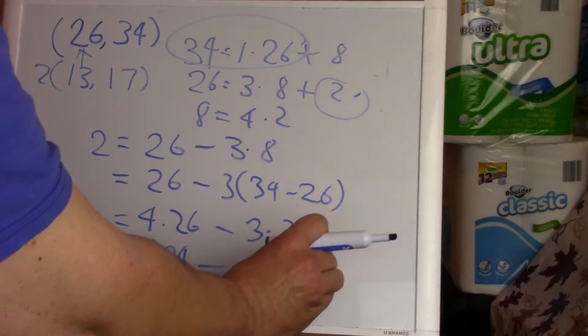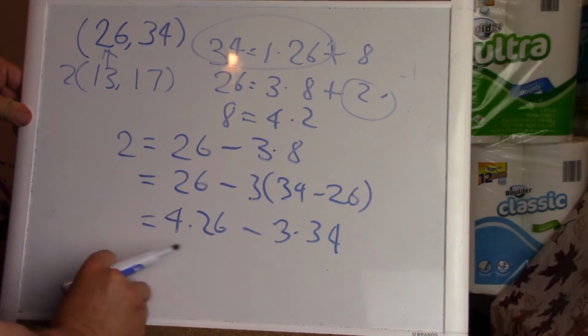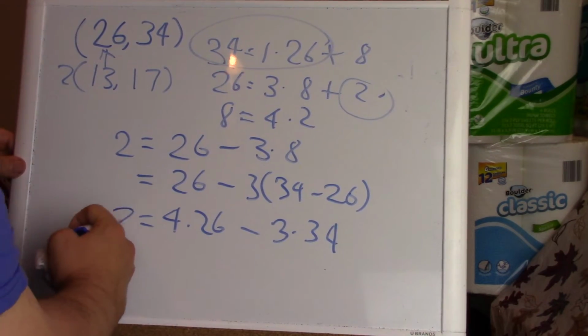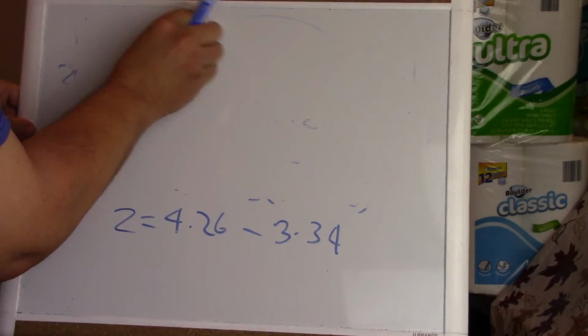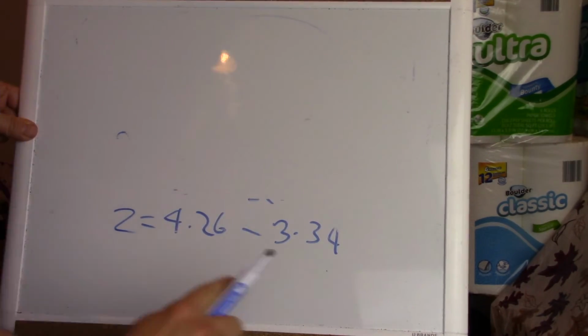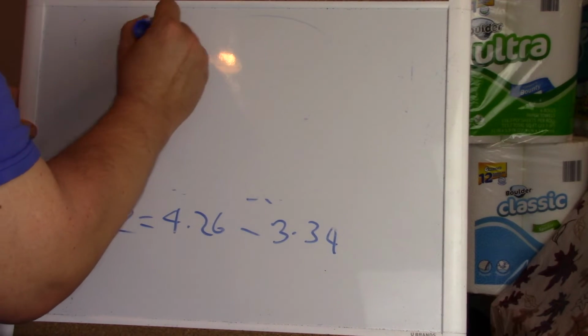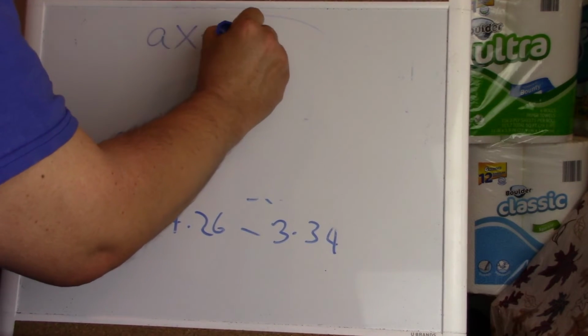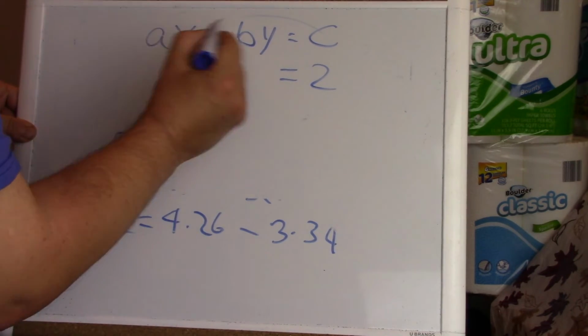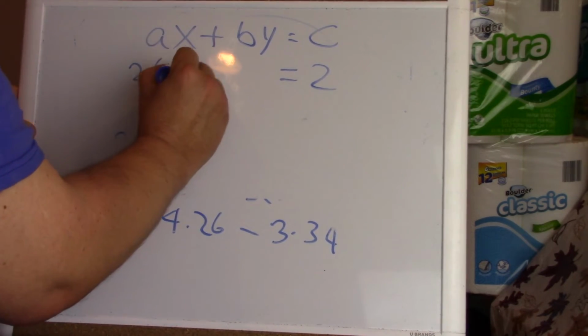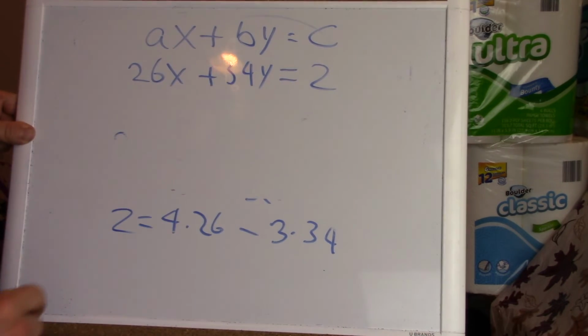Okay, so that was our equation, right? So this right here is our diophantine equation. So my ax plus by is equal to c here is 26x plus 34y.